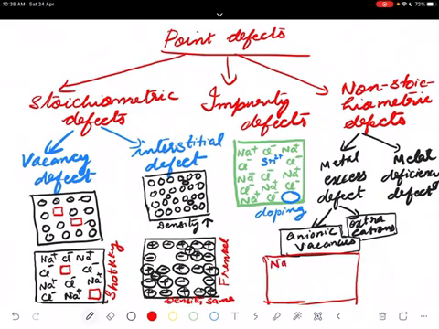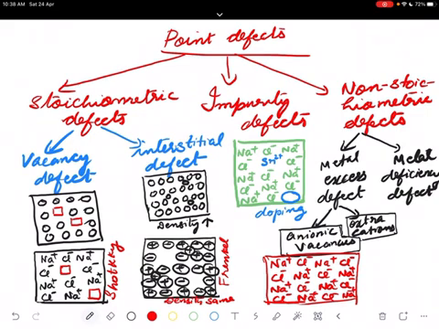Example: Na+ Cl-, Na+ Cl-, in an arrangement of many cations and anions.